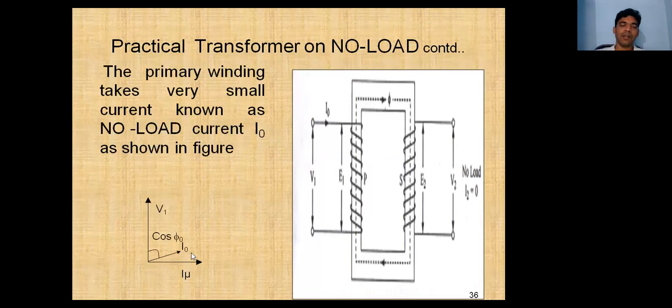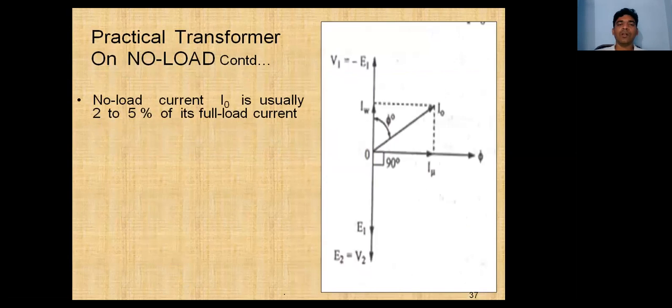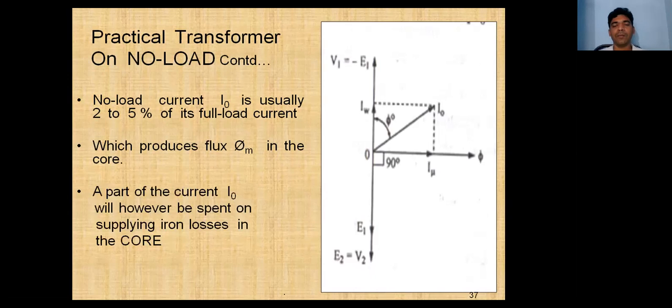This is the V1, this is the I0. No load current I0 is usually 2 to 5% of full load current, which produces flux phi m in the core.